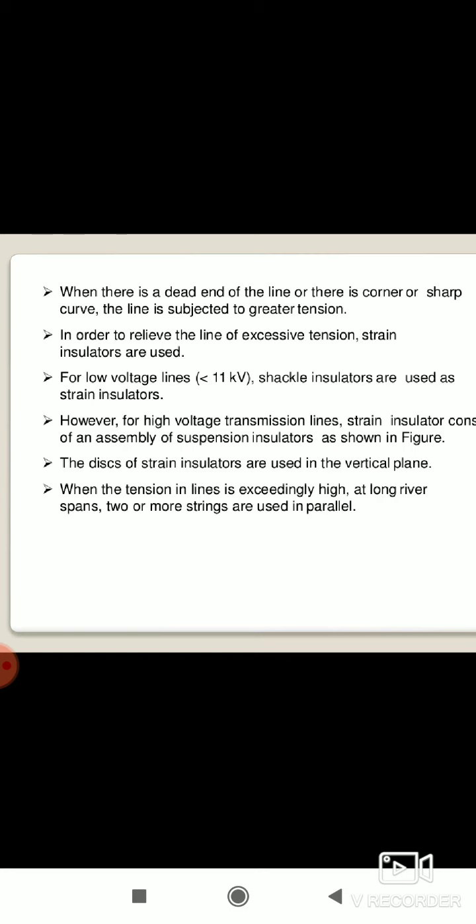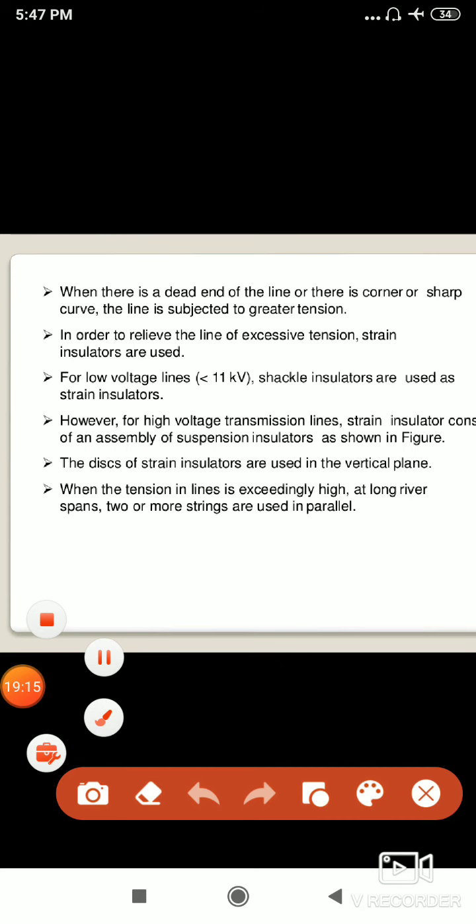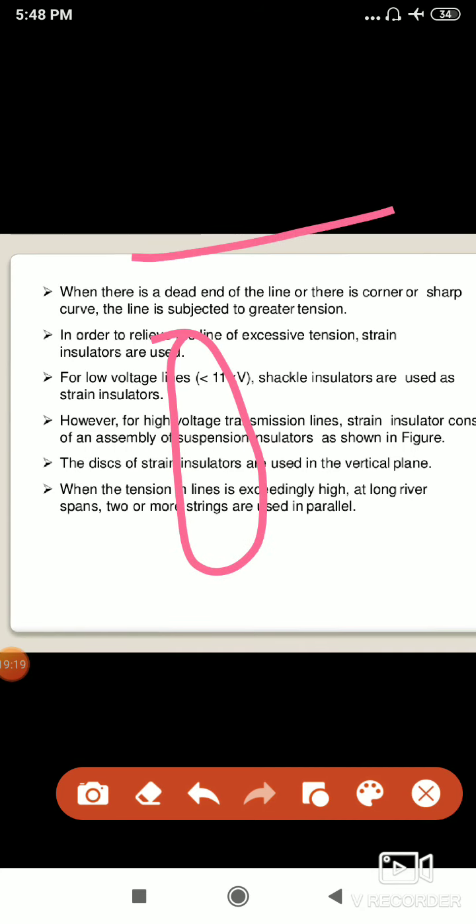We'll discuss them in the next category of insulators. Strain type insulators are nothing but suspension type insulators, but suspension insulators are placed horizontally, while strain insulators are placed vertically. This is the difference between strain and suspension type insulators.